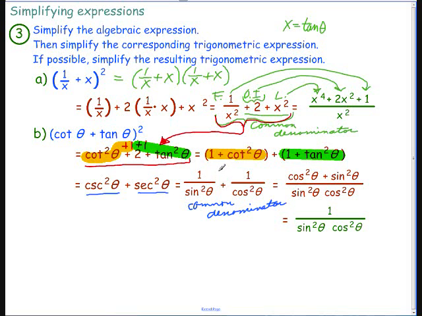What happens is I multiply this side by cosine squared over cosine squared, and so my 1 becomes cosine squared theta, and this one I multiply by sine squared over sine squared, so the 1 becomes sine squared, and I get a common denominator. So I end up with this as the simplest answer I can get.